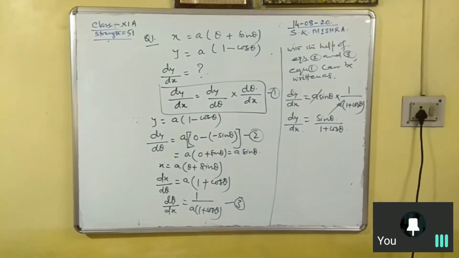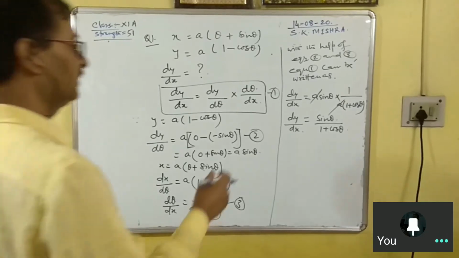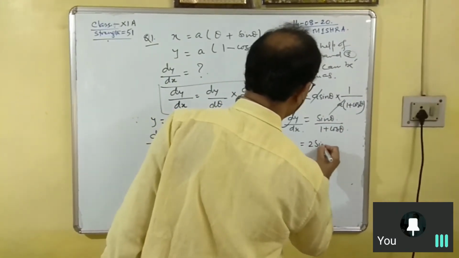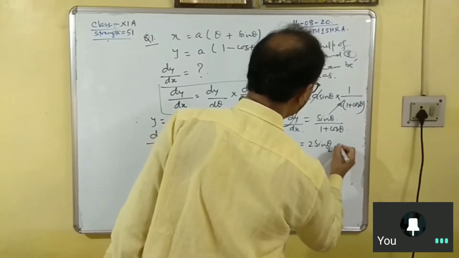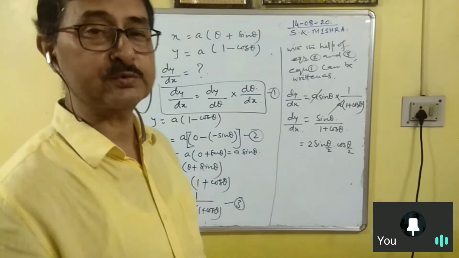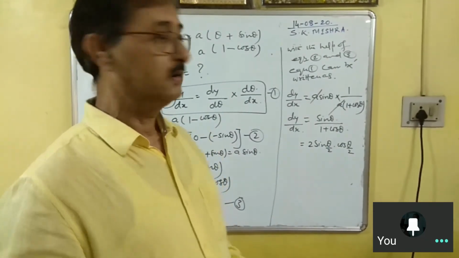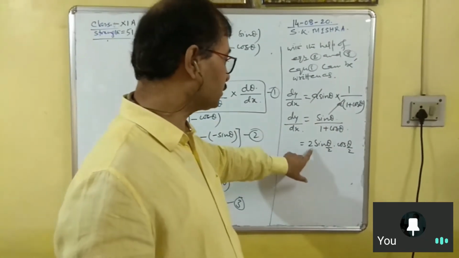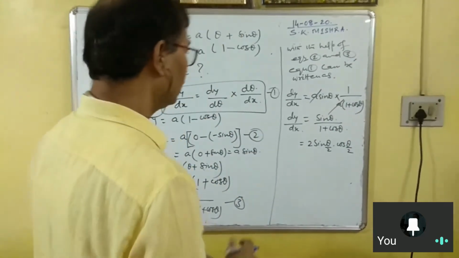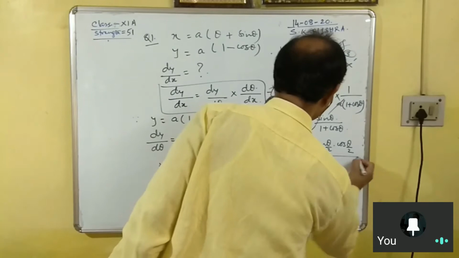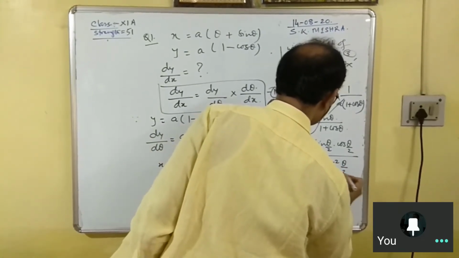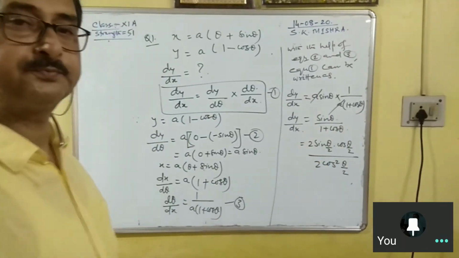Further simplification can also be done. Sin theta can be written as 2 sin theta by 2 into cos theta by 2, because sin 2 theta is 2 sin theta into cos theta. So sin theta is 2 sin(theta/2) cos(theta/2). And then 1 plus cos theta is 2 cos square theta by 2.